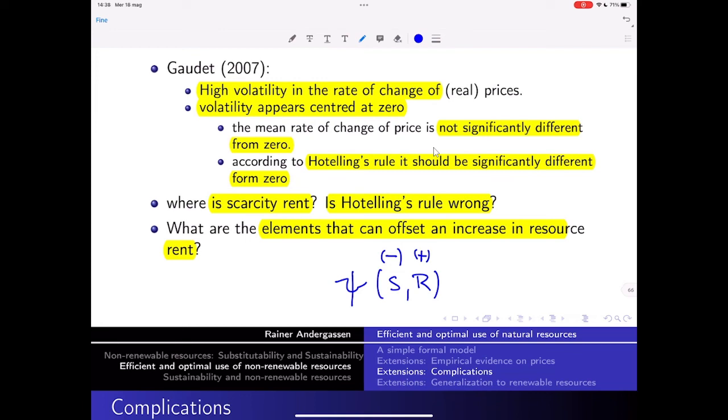So if you switch from fossil fuel to renewable energy sources, you reduce the demand for fossil fuels, because you substitute fossil fuel with renewable energy, and this drives down demand and therefore the price.